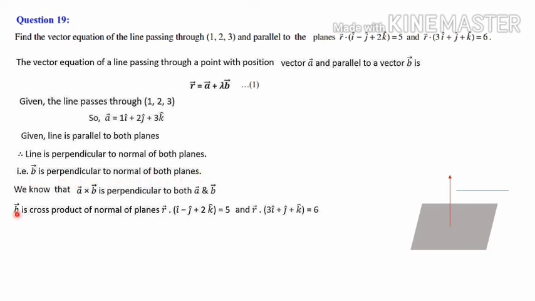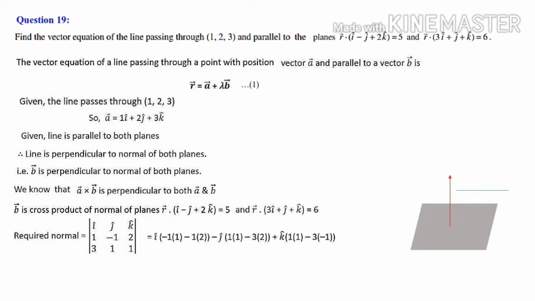So b vector is the cross product of the normals to these two planes. So let's take the cross product of these two normals. We write the determinant form: i j k, then 1 minus 1 2 as the second row, and 3 1 1, the direction ratios of the second normal, as the third row.